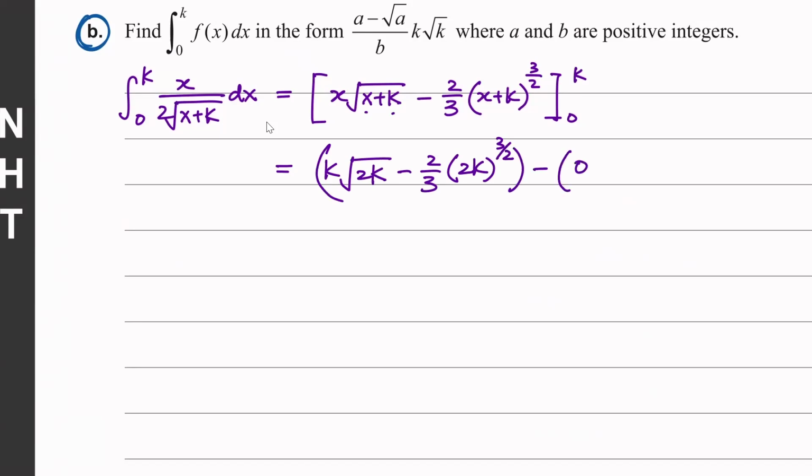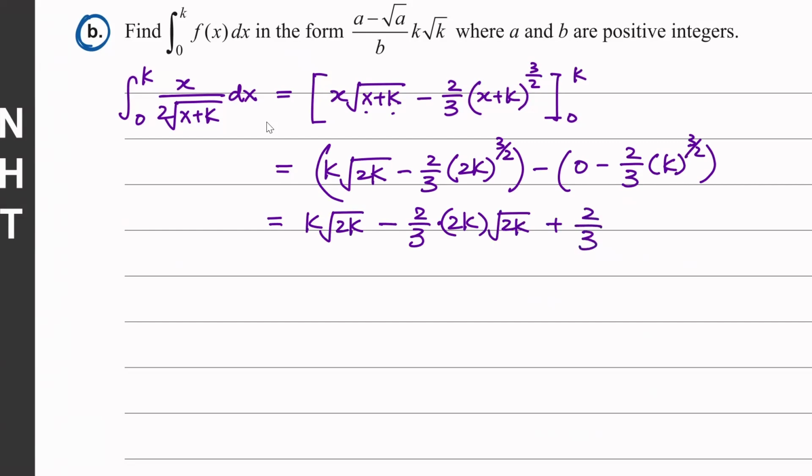Take away a 0, take away 2 on 3 and a k to the power 3 on 2. You actually get a k root 2k minus 2 on 3 times 2k times square root of 2k, plus 2 on 3 times k times root k.